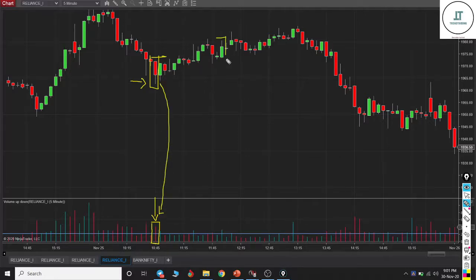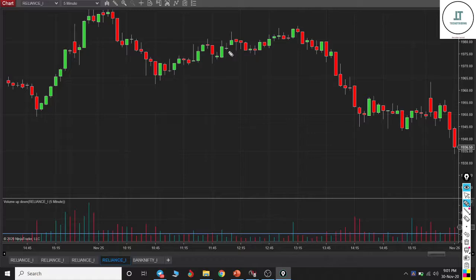If the color of the candle is green, the volume bar will also be green. In this candle both buyers and sellers were present, but at the point of candle close, if the candle is green, the volume bar will be green, whether it is a big volume or a small volume. Okay. So in this case, the stable point has been marked.